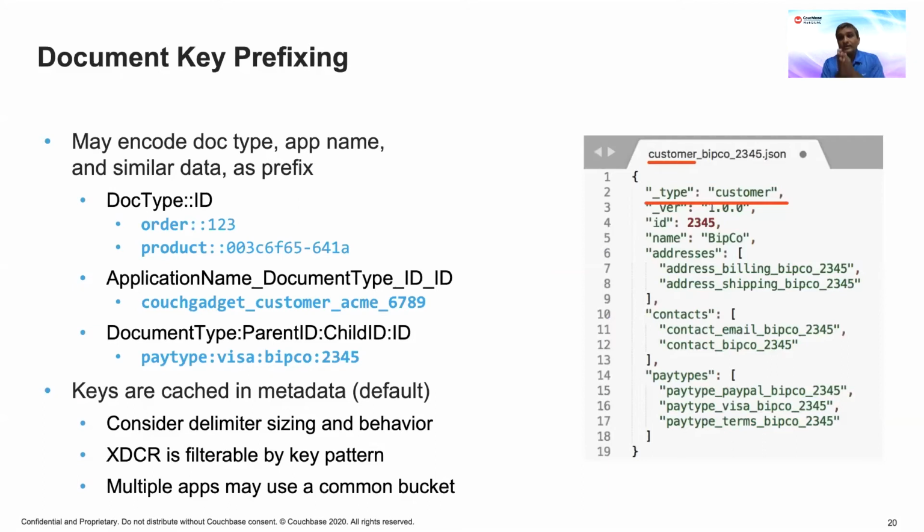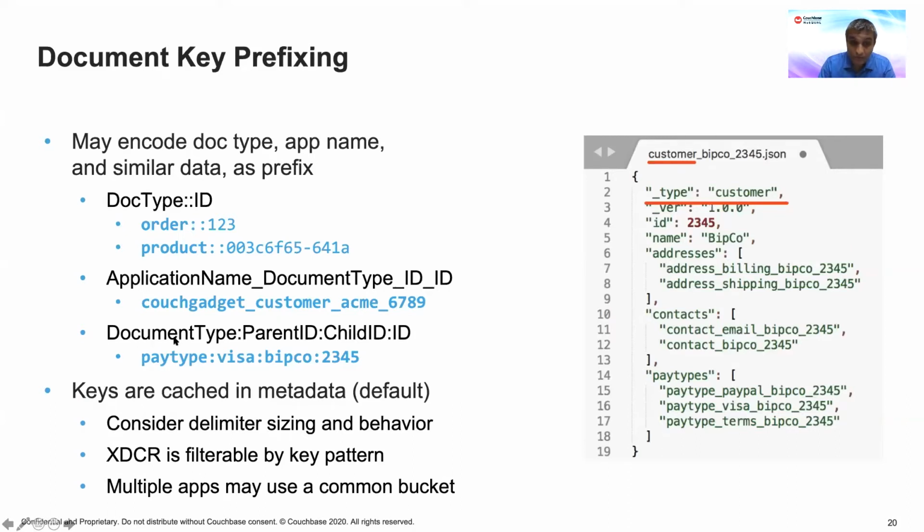So when you talk about the documents itself, document key prefixing is one of the ways that you must have seen to identify the type of the document. For example, you must have seen people doing this, that is order:123, or product:some UUID, or something like this, application name underscore document type underscore ID, like this is an example: couchgadget underscore customer underscore acme underscore some UUID.